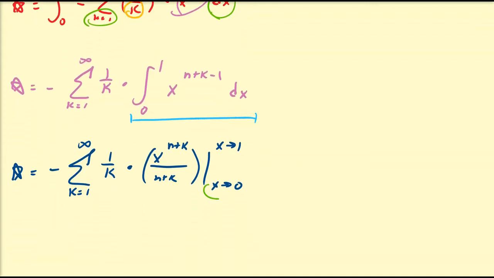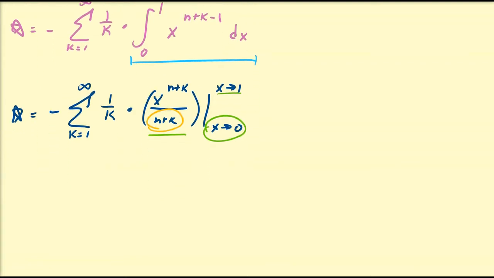So we know that as x goes to 0, this entire term is going to disappear, and as x goes to 1, this is going to go to 1, since 1 to any power is 1. So we're just going to be left with this constant on the bottom, n plus k. So we can rewrite this integral as negative sum from k equals 1 to infinity of 1 over k times 1 over n plus k.